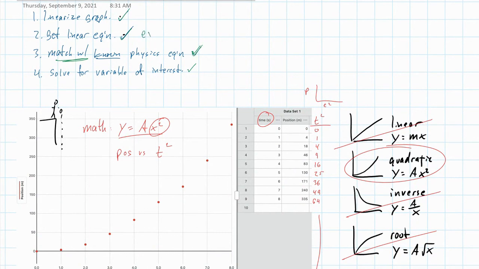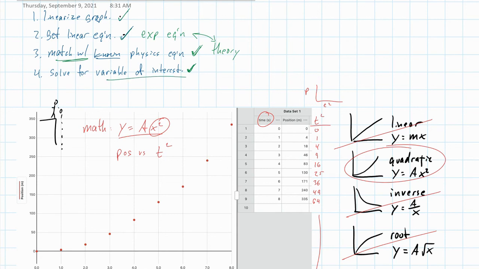Essentially, this is your experimental equation, and this is your theoretical equation. And so in any experiment, it should match with some theory. That's what we've done. And then the last step is algebra. We match those. By matching those equations, we can then solve for the thing we're interested in.